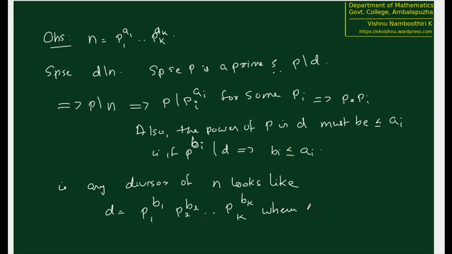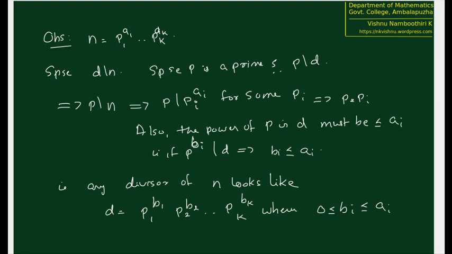All these pi's need not appear in each and every divisor. Some of the pi's may be absent in d, and therefore to accommodate that possibility we will allow bi to be 0. So bi is greater than or equal to 0, and less than or equal to ai, where ai is the power of pi appearing in n.